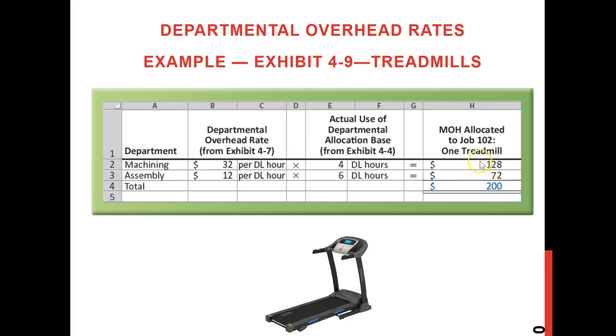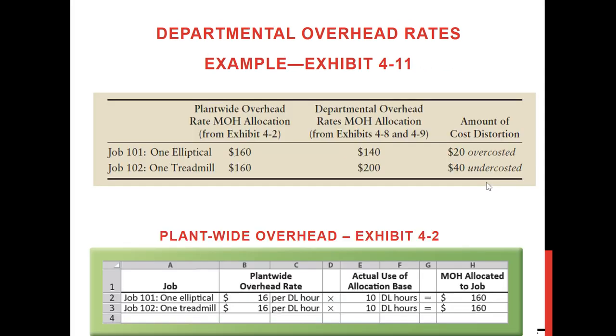So if we add these two together, we will figure out that the total manufacturing overhead cost to produce one treadmill is $200. So now you see, when we are using more specific department-wide predetermined overhead rates, our overhead costs are different and we can compare them.